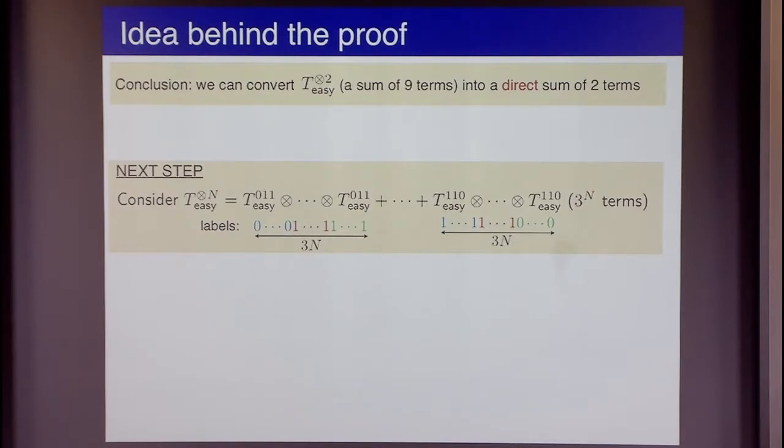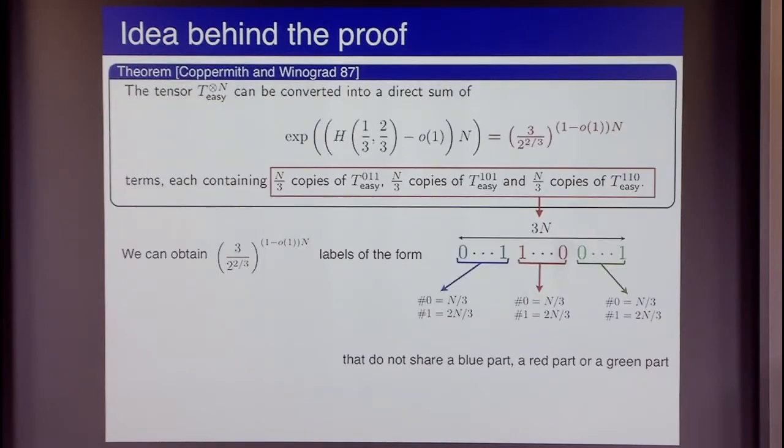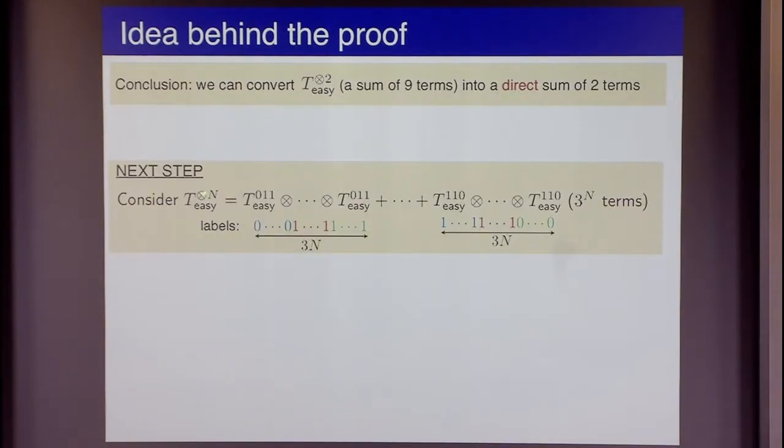And you can do it only by zeroing variables. So the next step is to consider power n. In power n, as I said, there are 3 to the n terms. And in this case, each label will consist of binary strings of length 3n, so 3 parts.